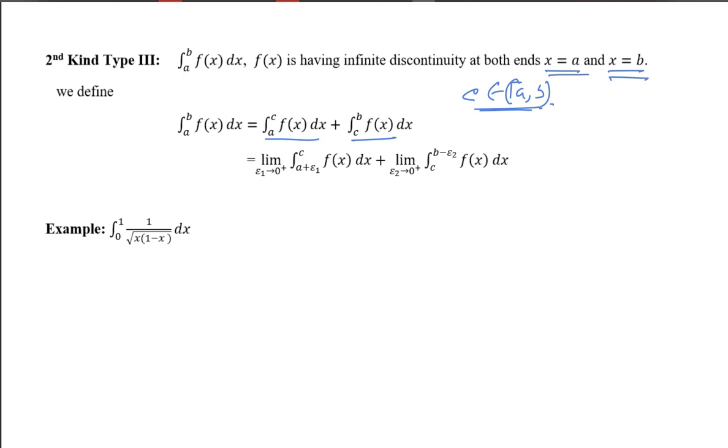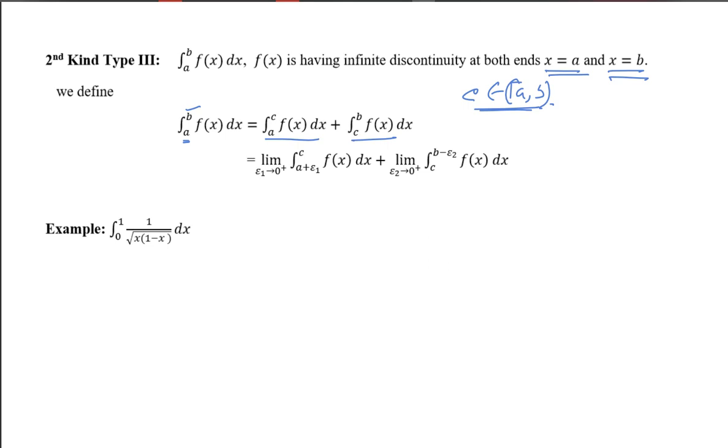Now you see, we have infinite discontinuity only at these two points, a and b, so we are breaking into two parts: a to c and c to b. At this c, we don't have any point of discontinuity. So in the integral from a to c, we have a point of discontinuity only at a, and in the other integration only at b.